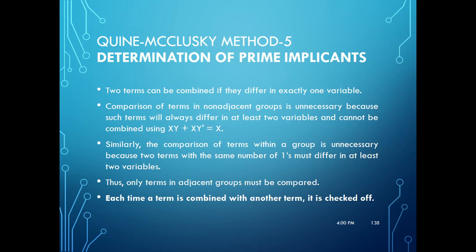One by one you have to go on checking: 0 with 1, then 0 with 2, 0 with 8, 0 with maybe 10, like this. The nearest things we start combining, and later we can move on to the last terms.